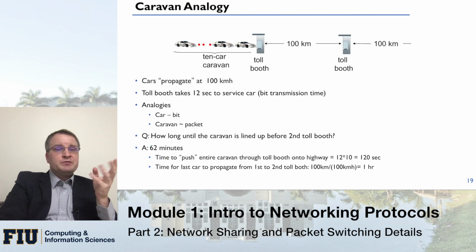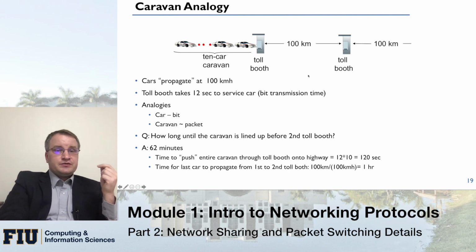We can play with the Caravan analogy that represents the same thing as the routers. It's just asking the question in a slightly different way, with slightly different definitions of the bandwidth. Let's say we have a bandwidth of 100 kilometers an hour as our road capacity, and the same as the traveling speed of the car, and there's a toll booth, which is acting as some kind of queuing element.